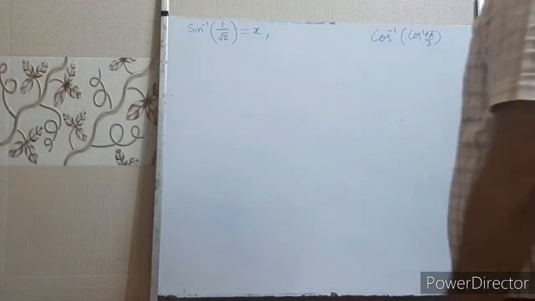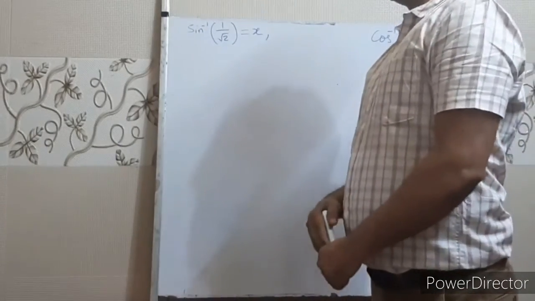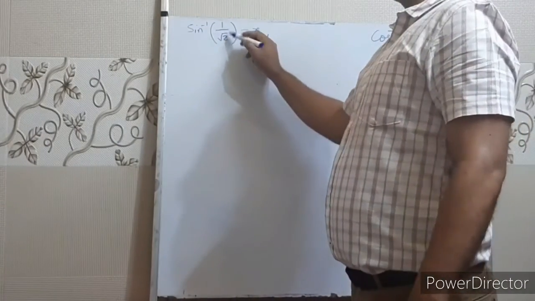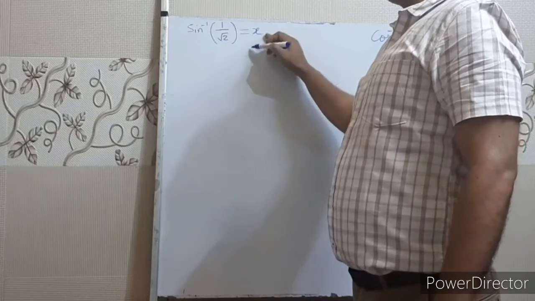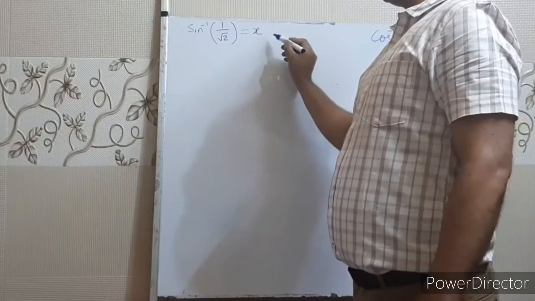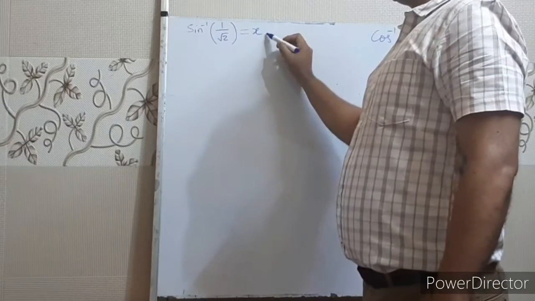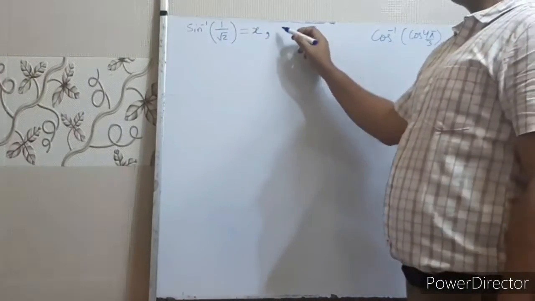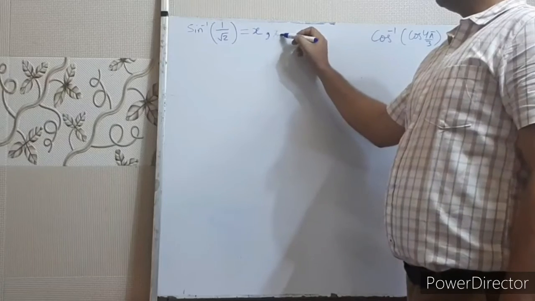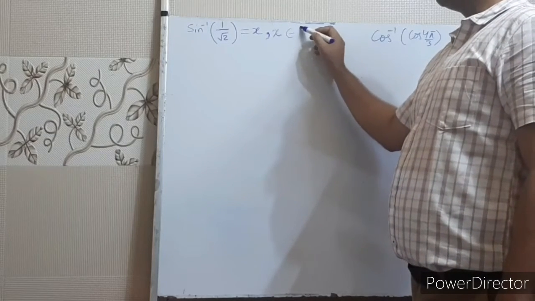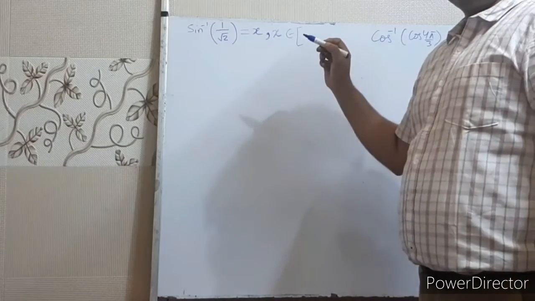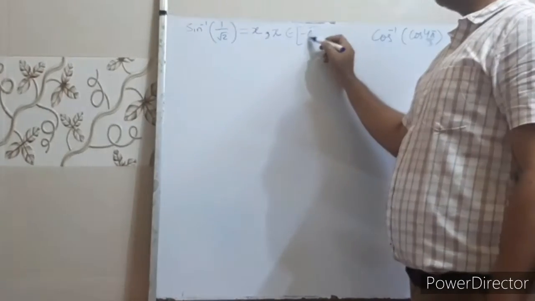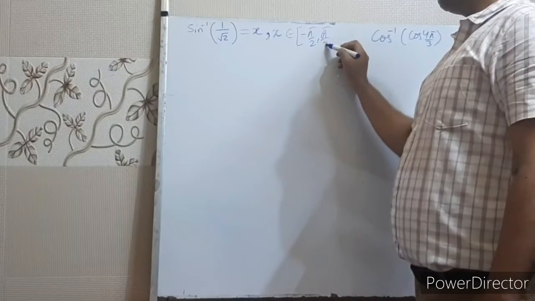Okay, now let's do a couple of sums based on the principal value. Suppose we have to calculate the value of sine inverse 1 upon root 2. So first we assume that this whole term is equal to x. Now the function is sine inverse x, and we know that the principal value of sine inverse x is -pi by 2 to pi by 2.